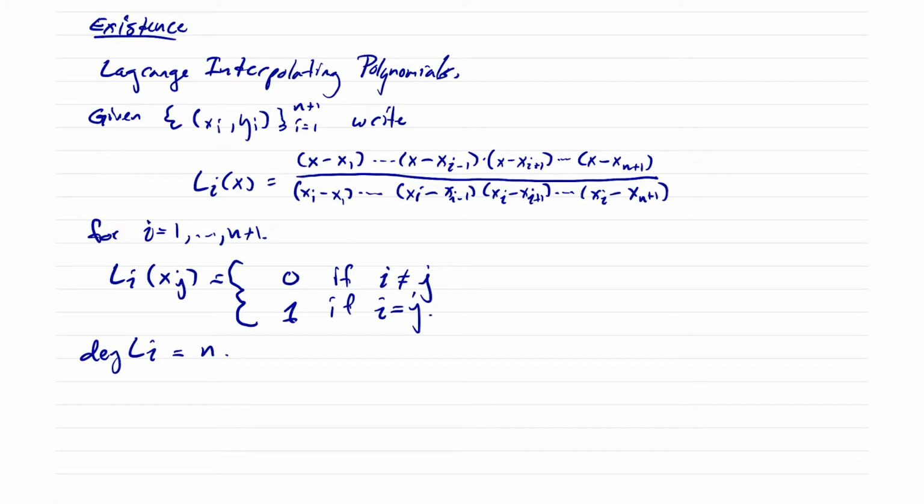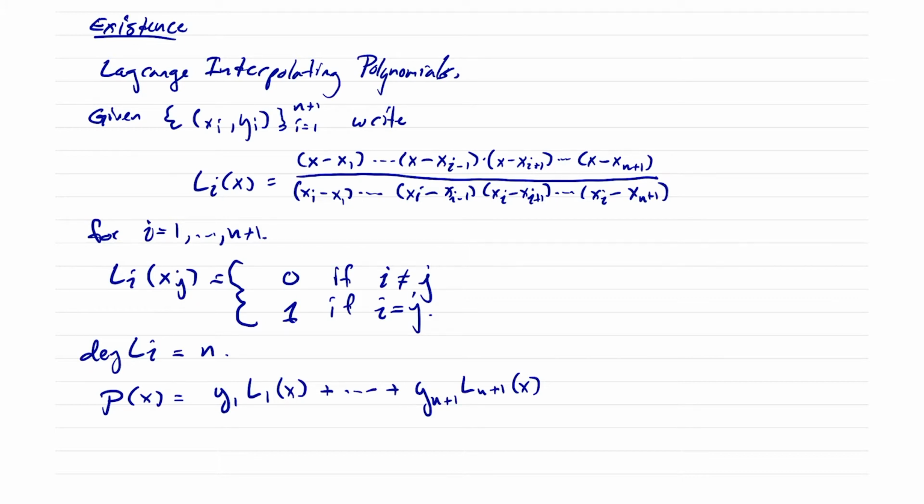And so my interpolating polynomial, p of x, then is going to be y1 times L1 of x, plus up to yn plus 1 times Ln plus 1 of x. And then you can see that this is going to give us exactly what we're looking for.